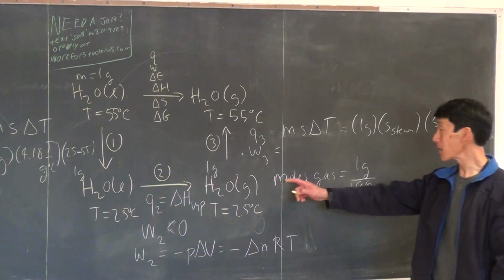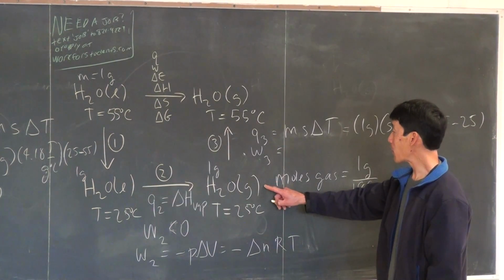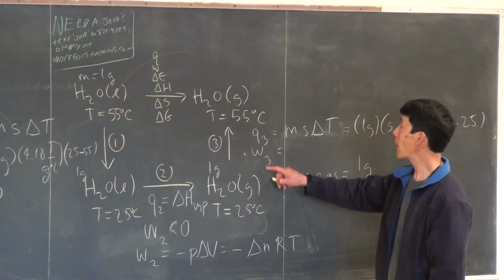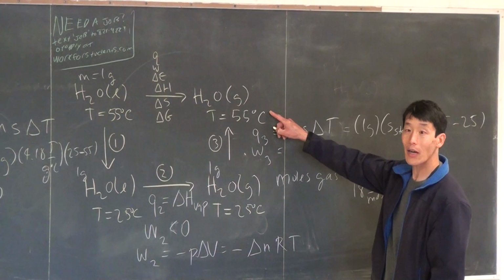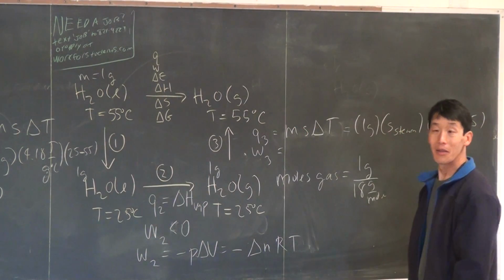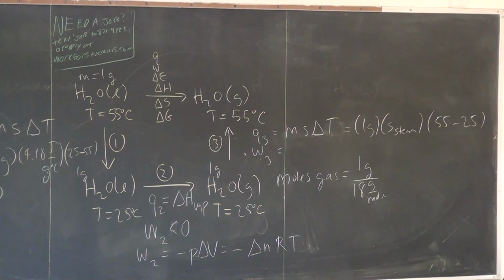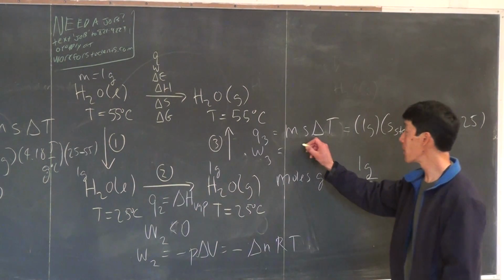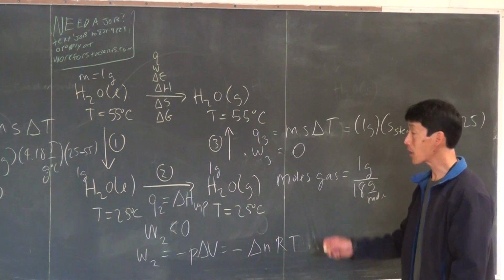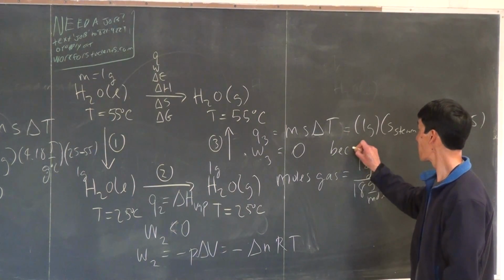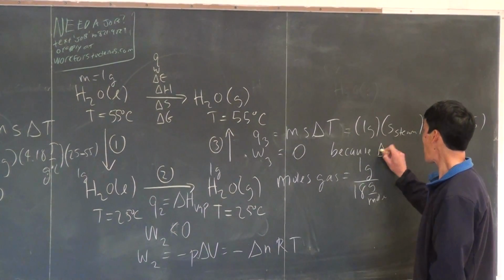okay, so we have 1 gram of steam at 25 going to 1 gram of steam at 55. So work is going to equal 0. How can work equal 0? Because delta N equals 0.